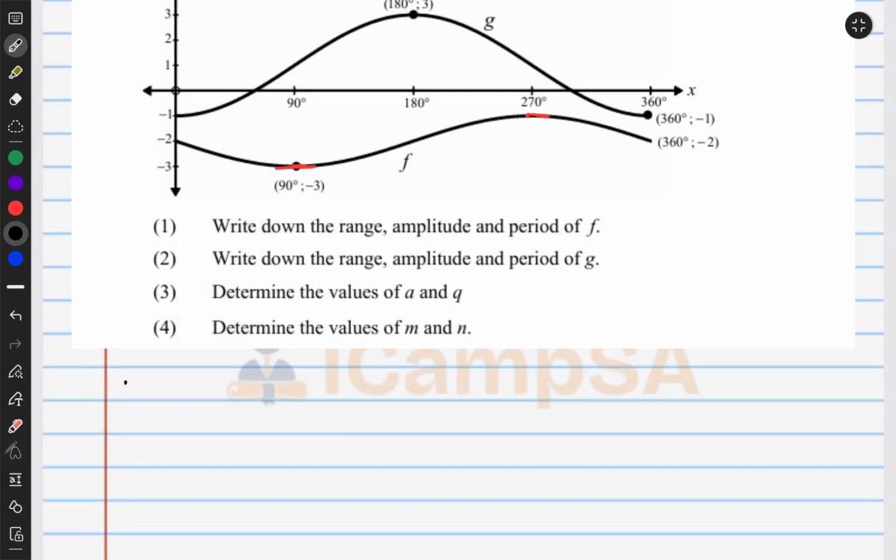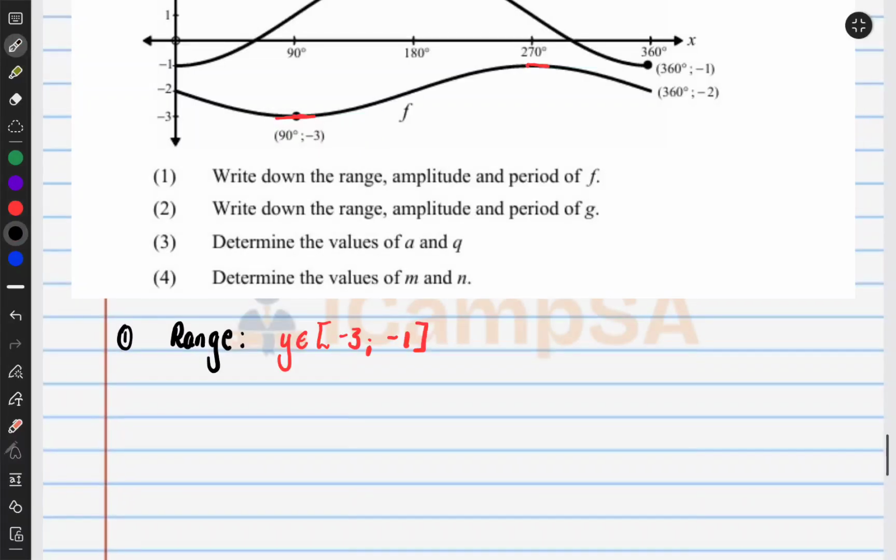So for number one, the range is y is an element from -3 to -1. That's the range.